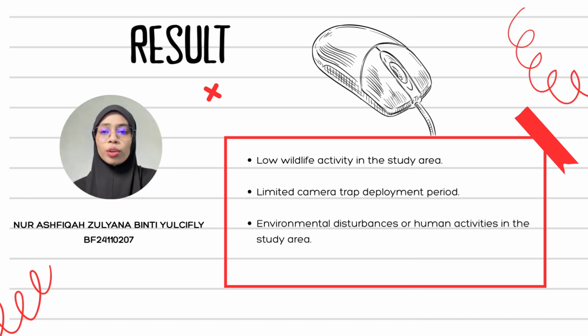A shorter deployment period reduces the chances of capturing animals. Finally, environmental disturbances or nearby human activities may have caused wildlife to avoid the area, further reducing the likelihood of detection.